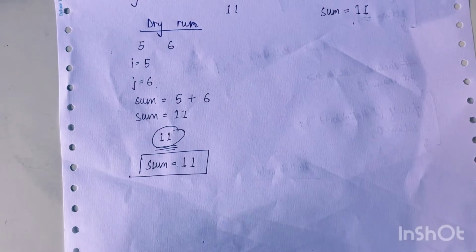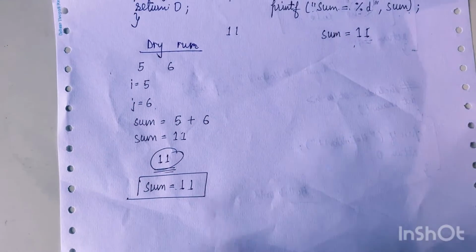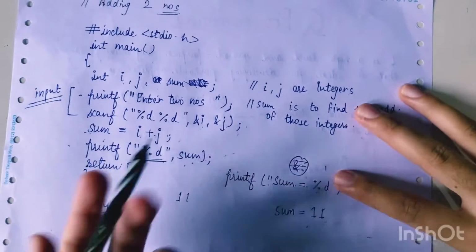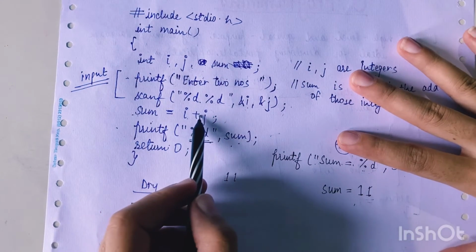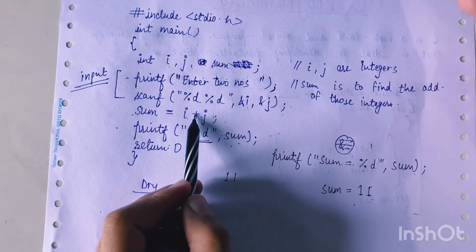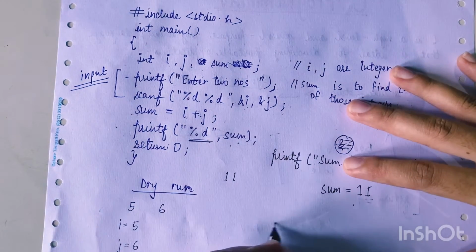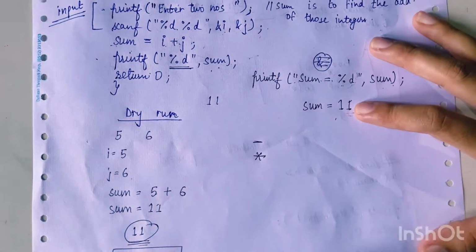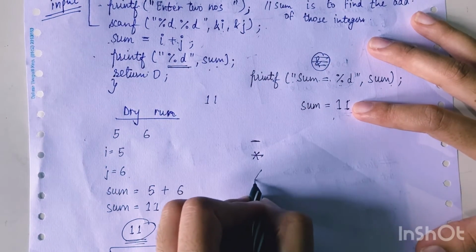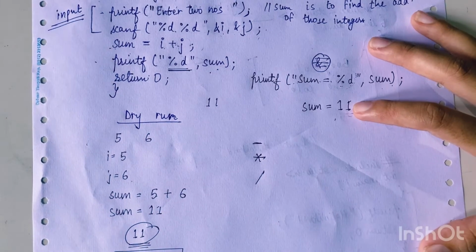Now for subtraction, multiplication or division, obviously we apply the same logic, we just have to replace the operator: minus for subtraction, this one for multiplication, and this one for division in C programming.